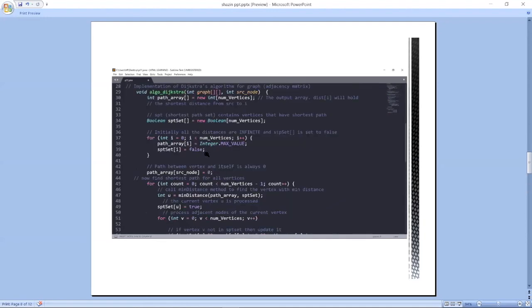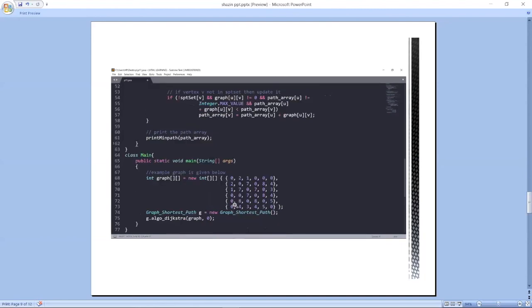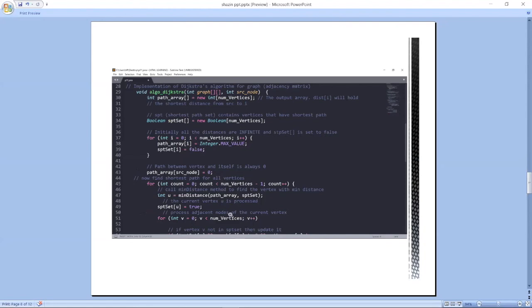and I am doing a for loop. If vertex v is not in the shortest path set, sorry, I already skipped one thing.